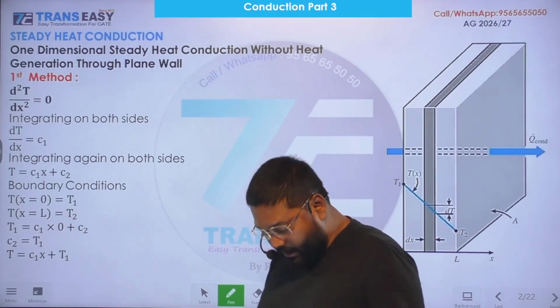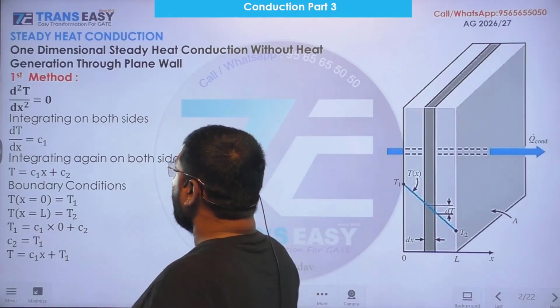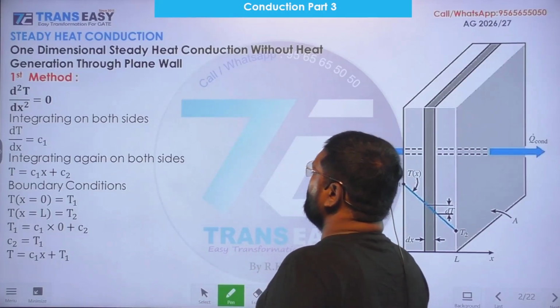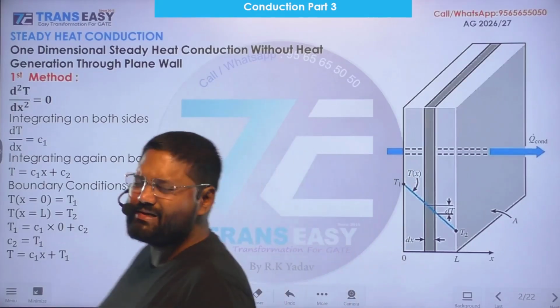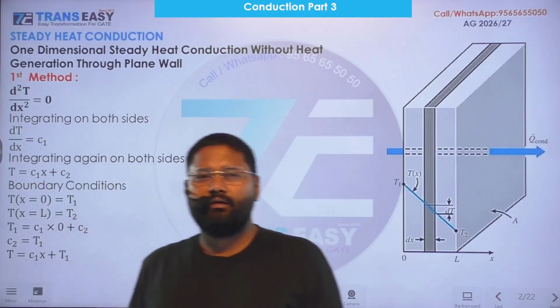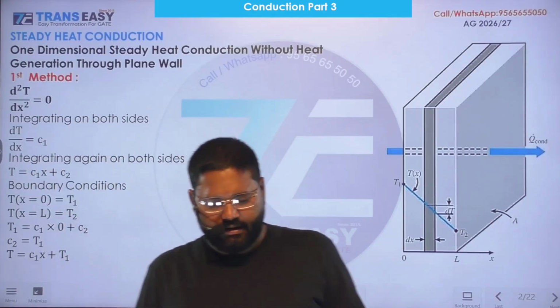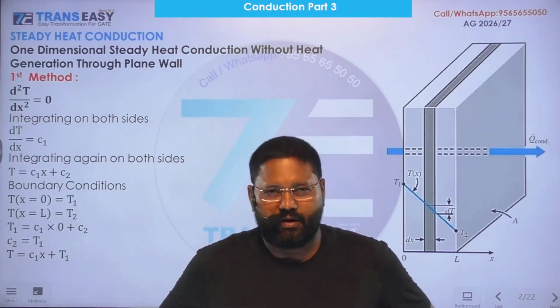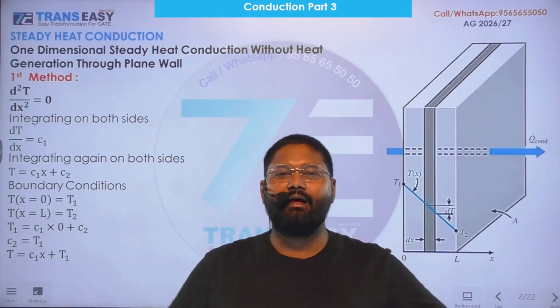Steady heat conduction. One dimensional steady heat conduction without heat generation through a plane wall. We'll use the steady heat conduction equation in Cartesian coordinate system for a plane wall or slab.